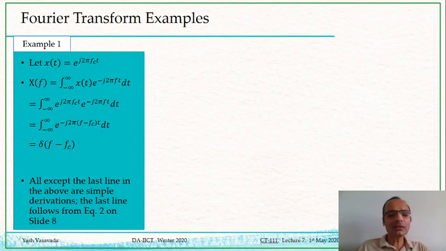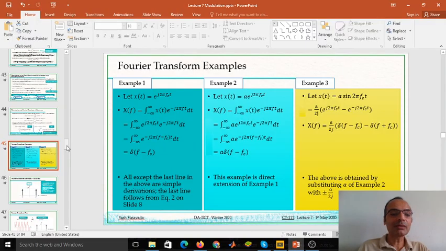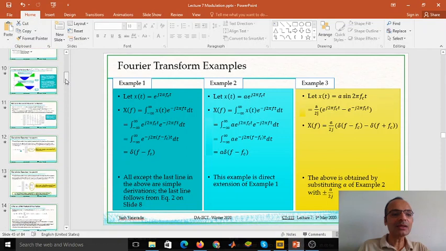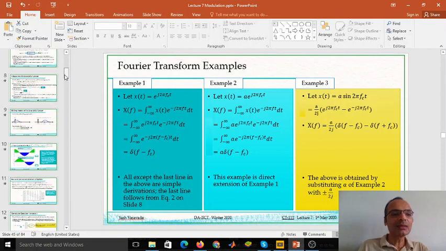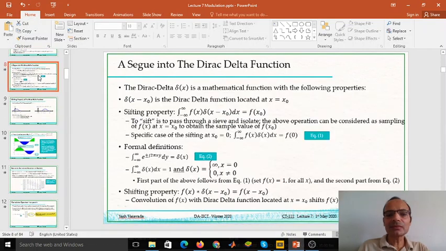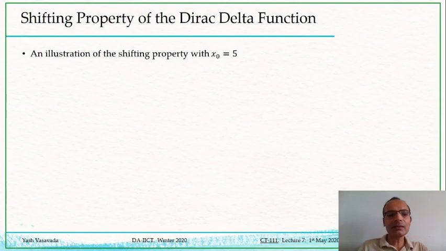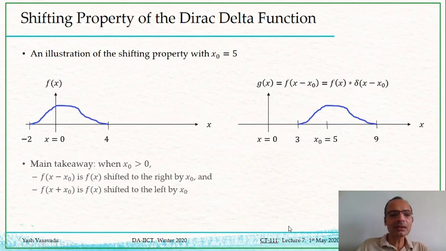What is delta of f minus fc? Again, we go back to our previous slide, maybe slide number 9 or something, where we had concluded that if I have any function f of x, then f of x minus x0 is f of x shifted to the right by x naught.